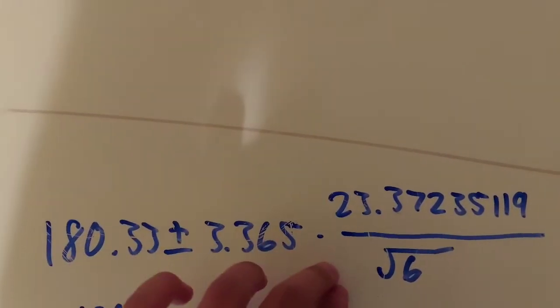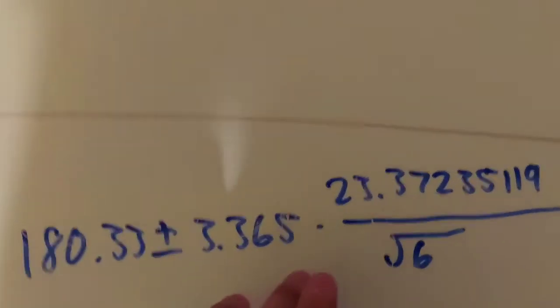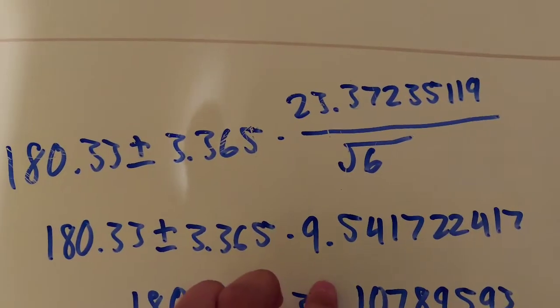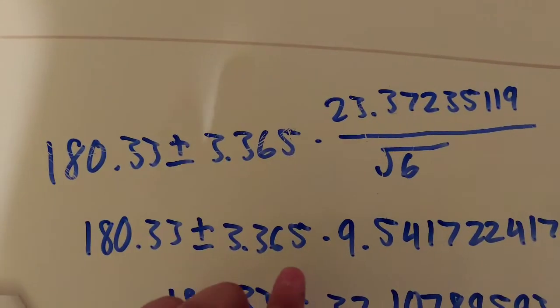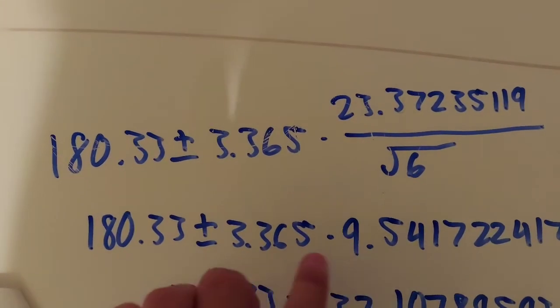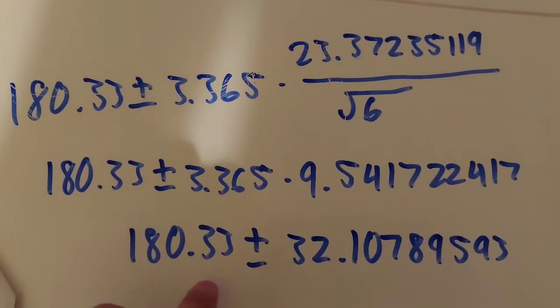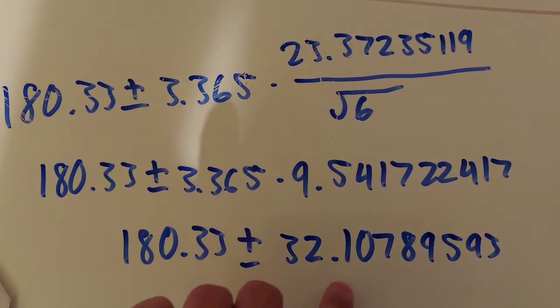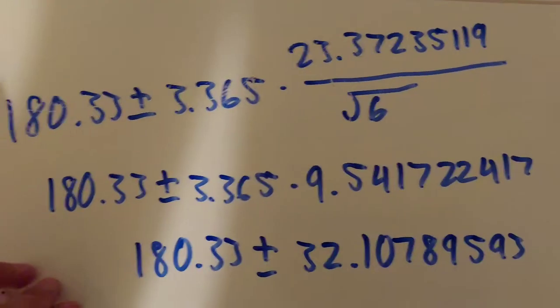I'm going to do these parts showing all of it. We're going to do this part right here, and it's going to give me this number, 9.541722417. Next part, we're going to multiply this and this together. That's going to be 180.33 plus minus 32.10789593.